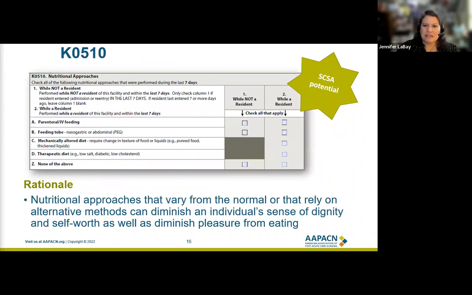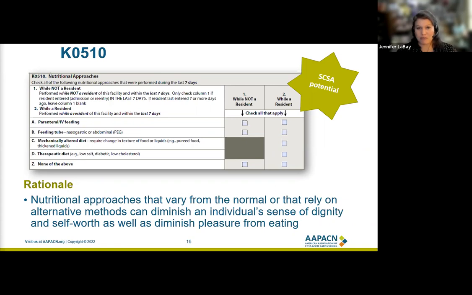The next item documents nutritional approaches in the last 7 days, including parenteral or IV feeding, tube feeding, mechanically altered diet, or therapeutic diet. So there are a couple of different columns here. While not a resident is going to be anything that happens outside of that admission date at A1600, that entry date.